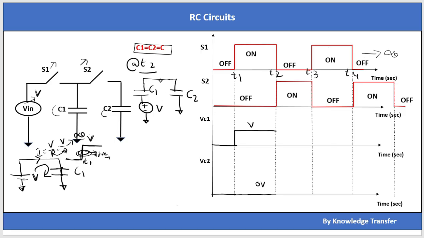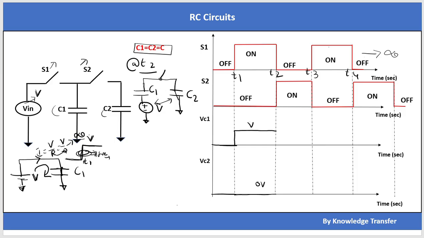And if we see at t equal to t2, this voltage is there, and S2 is suddenly seeing some V volt across this capacitor, and C2 will get short circuited. You can say this is how the C1 capacitor charge will get distributed between C1 and C2.